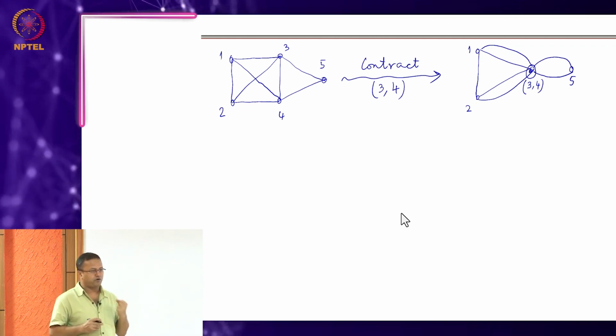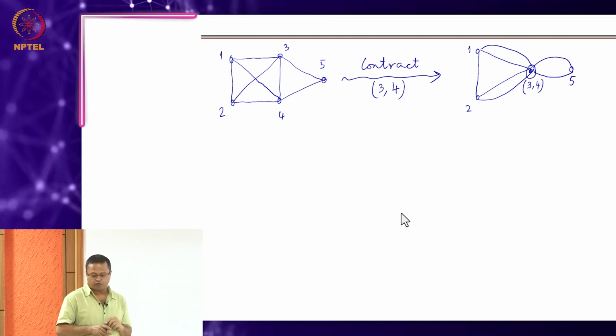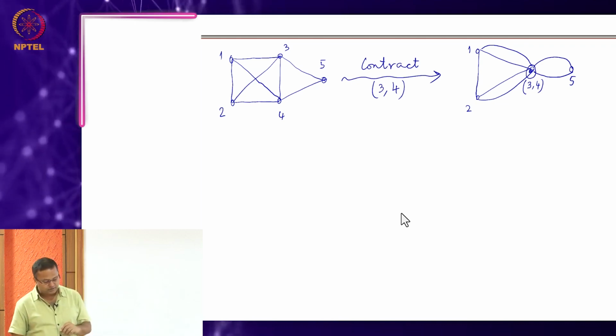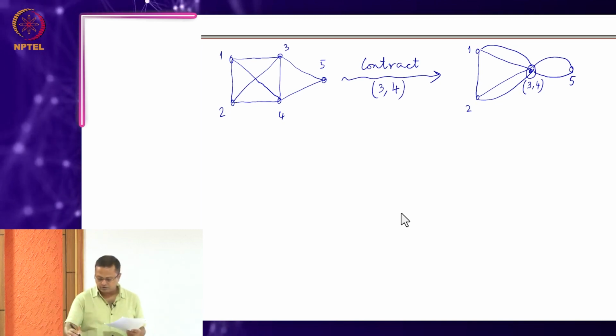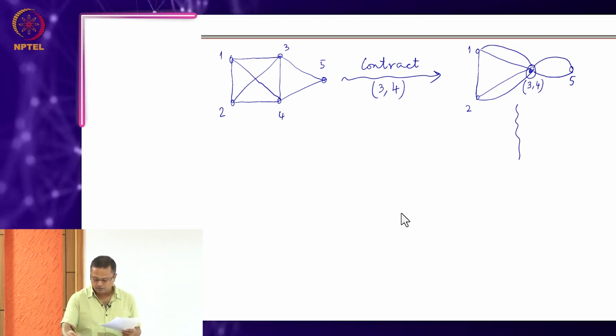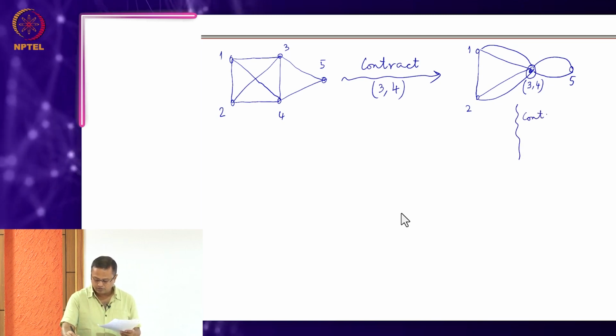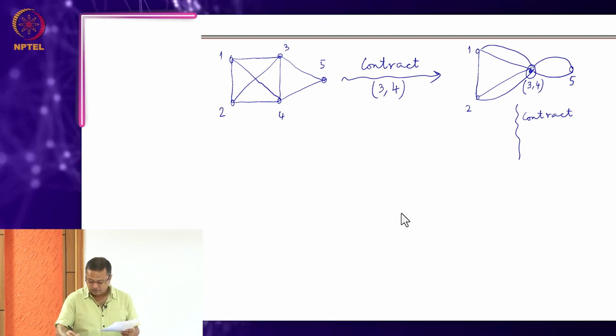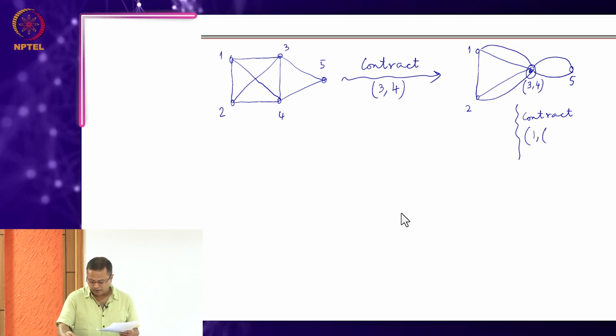So I have got rid of one vertex. Now I have come down to 4 vertices, of which one is a supernode. Next, you contract 1 and 3, 4.